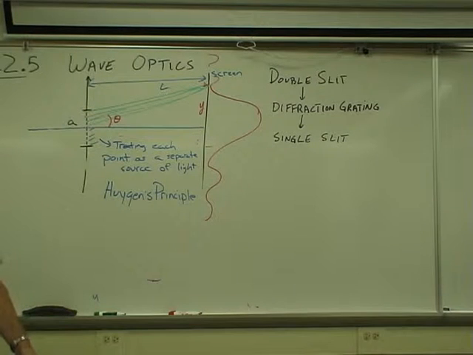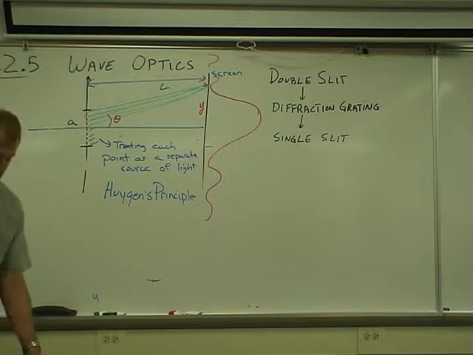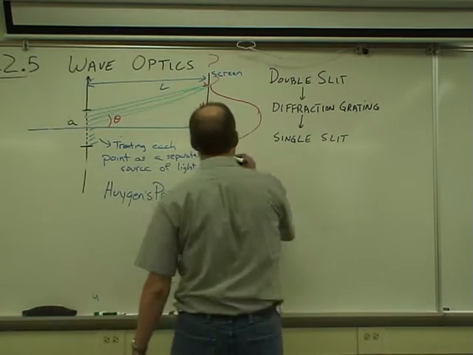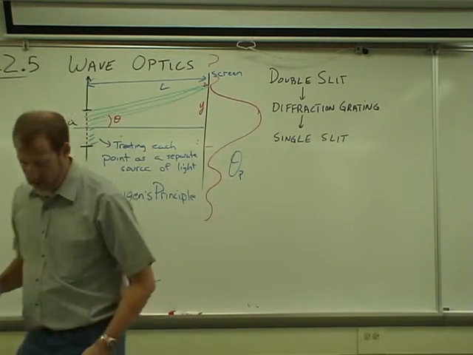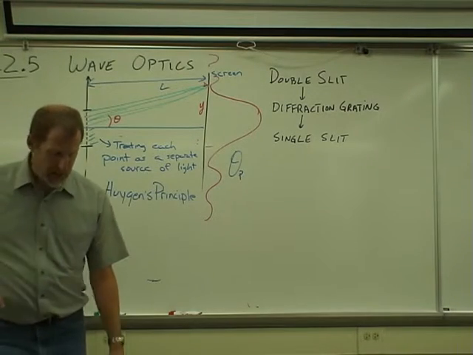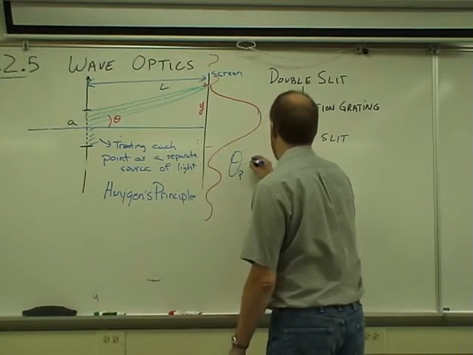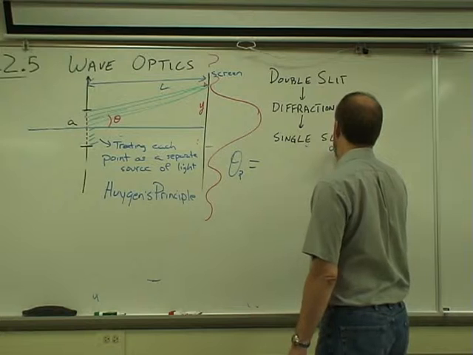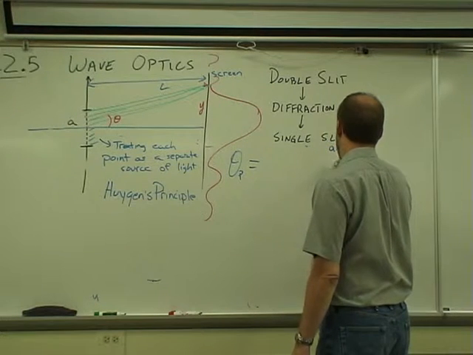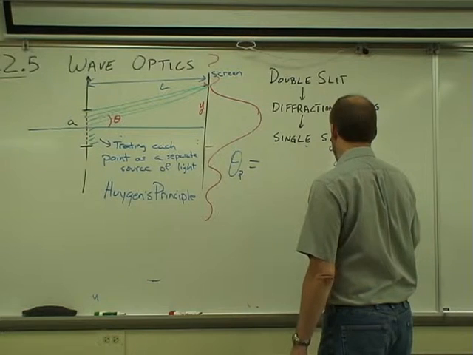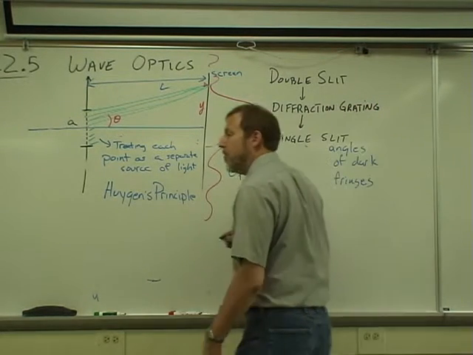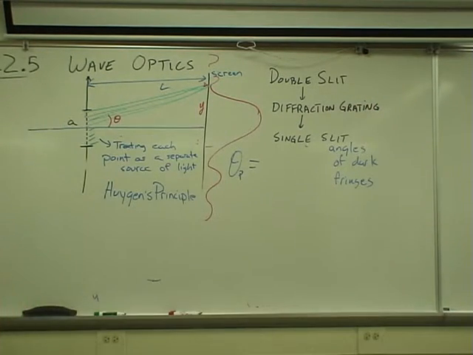And the result that we're going to get is that I'm going to speak of this in terms of the dark fringes instead of in terms of the location of the bright points.